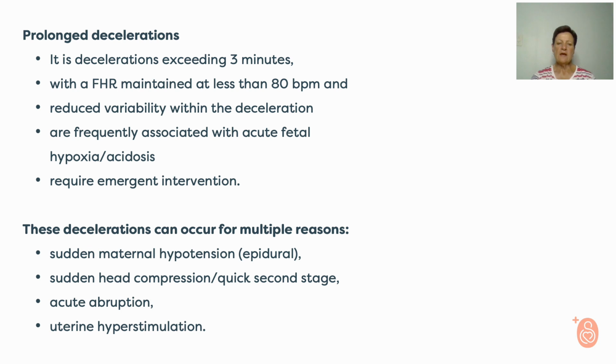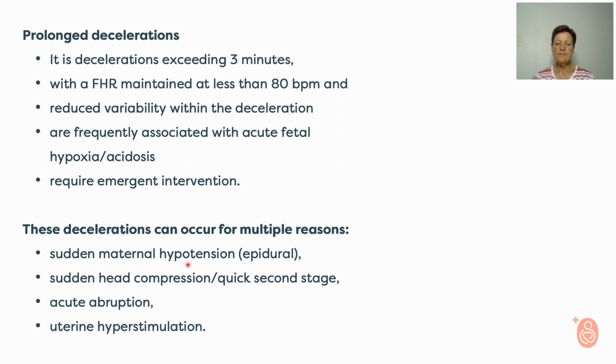The reason for these prolonged decelerations is usually some acute episode. It might be a sudden drop in the maternal blood pressure, for example, in the case of an epidural, where we get a sudden drop in the maternal blood pressure, it might cause these prolonged decelerations.